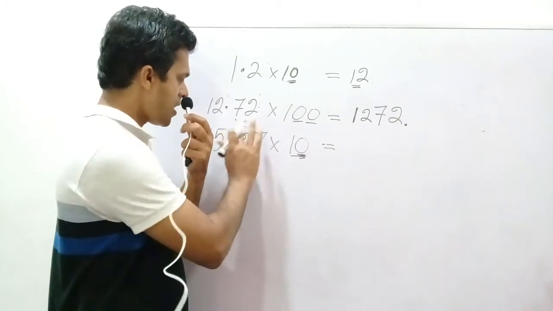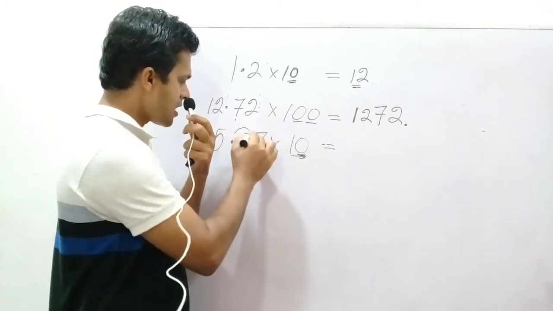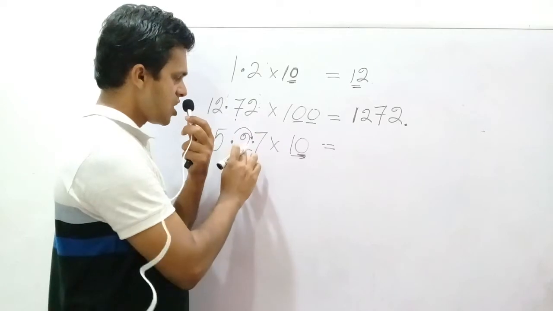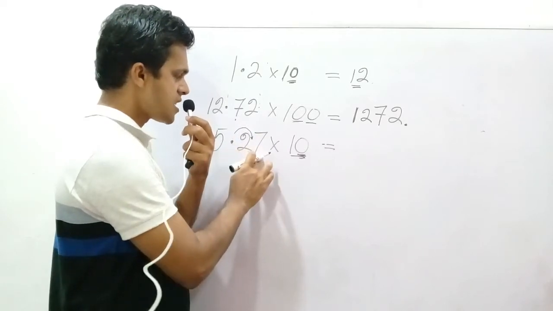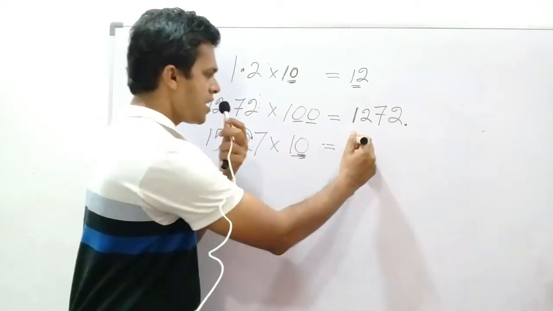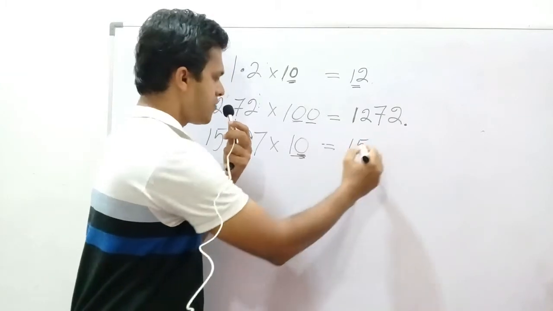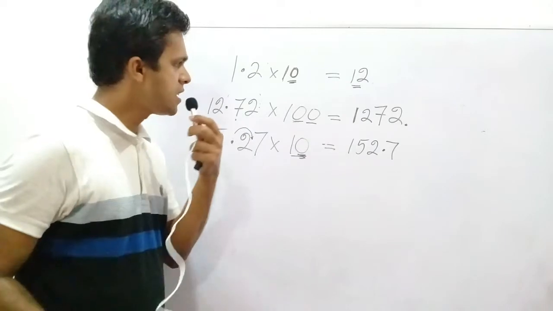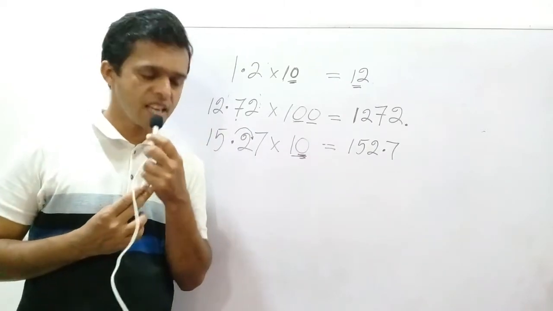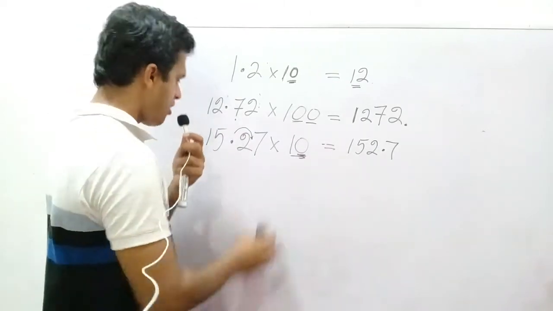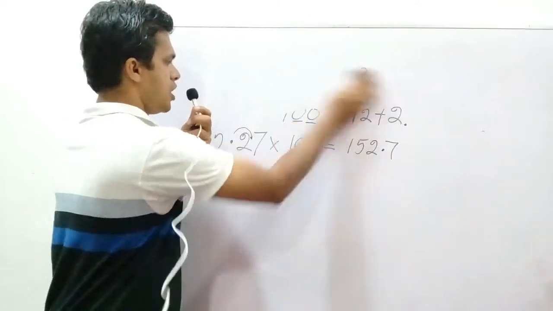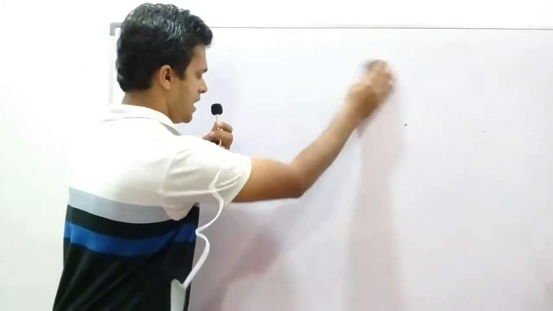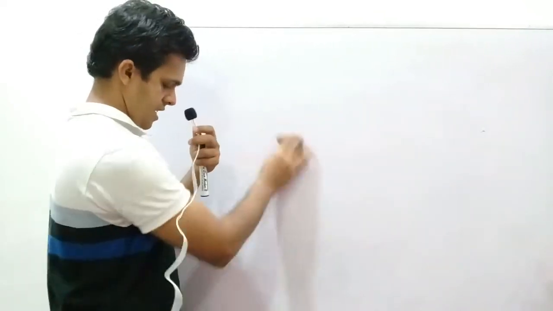So the decimal point is coming between 2 and 7. So the answer is 152.7.